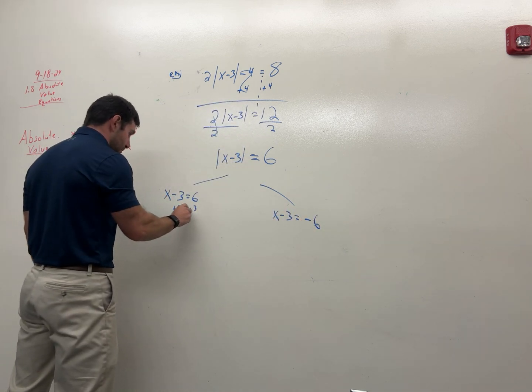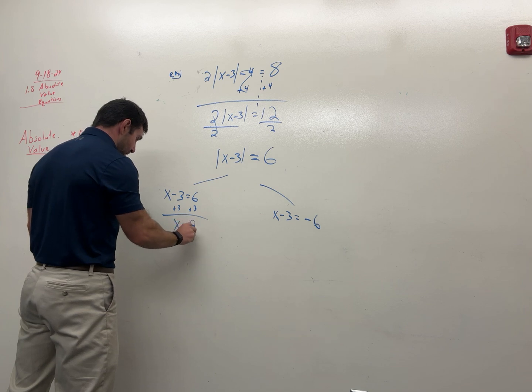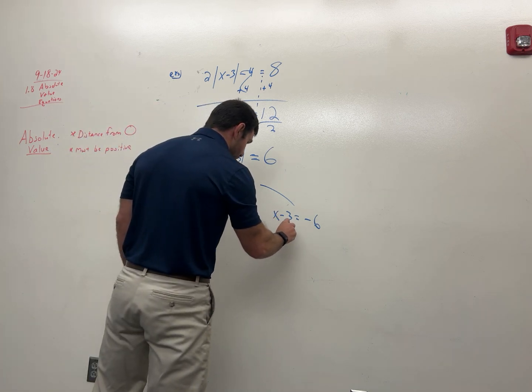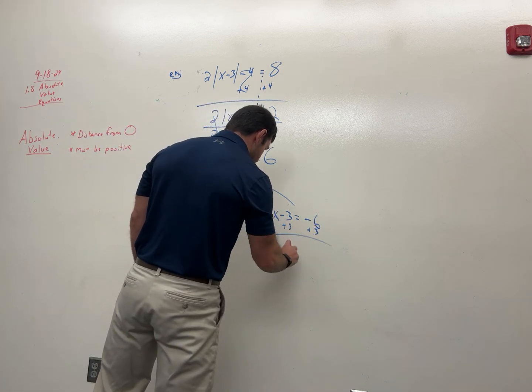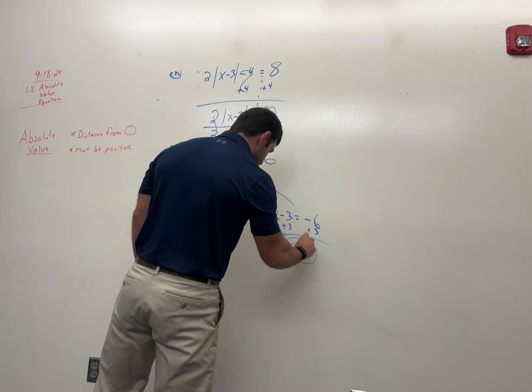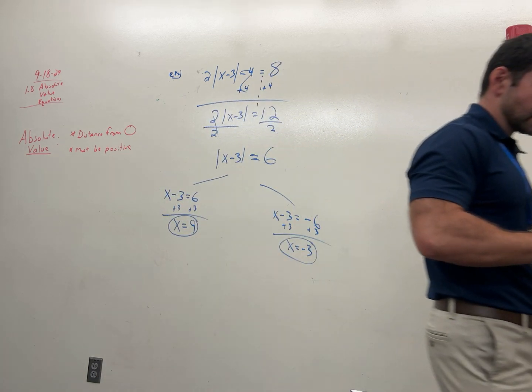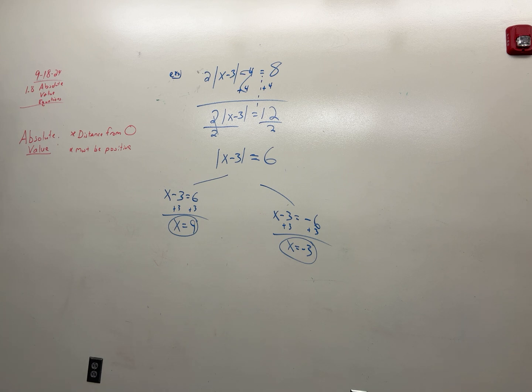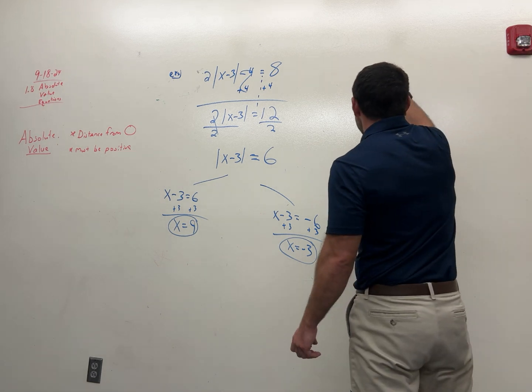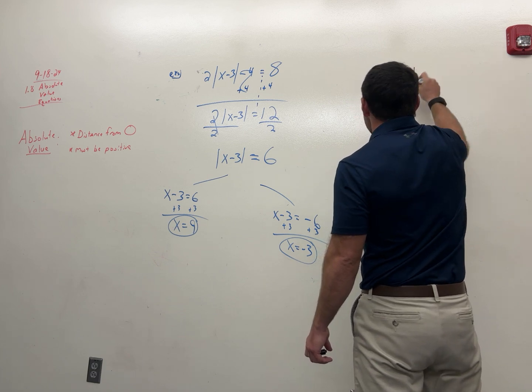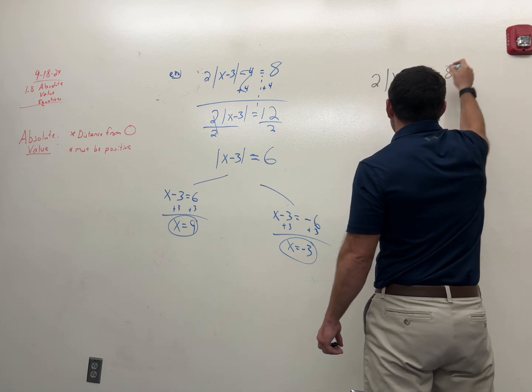Add 3. X equals 9, so far so good. Add 3. X equals -3. So I've solved. Am I done? No, because we need to go back to the original to see if it works.